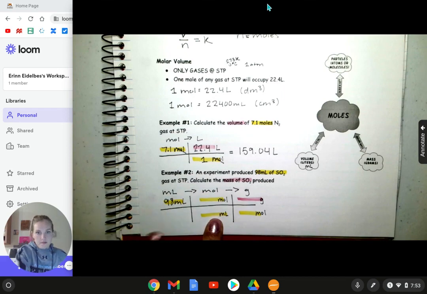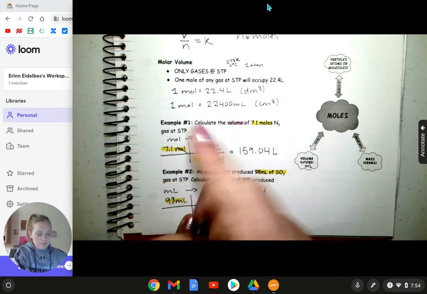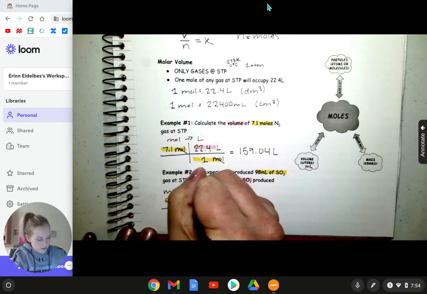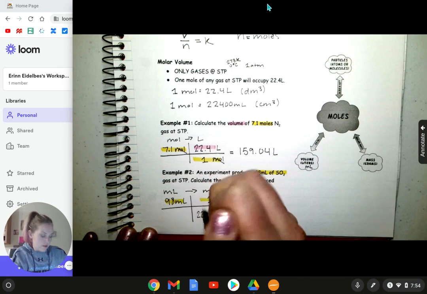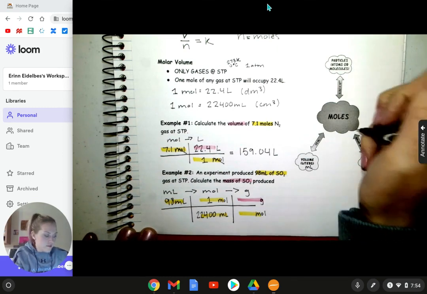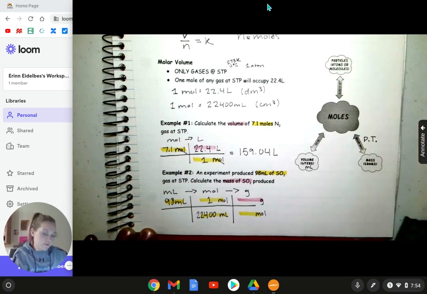For this, we need a conversion factor. I know that 1 mole is equal to this many milliliters. So 1 will go with mole, and then we'll do our 22,400 milliliters. And then mole here. We have grams and moles. I need to look for the molar mass on my periodic table.